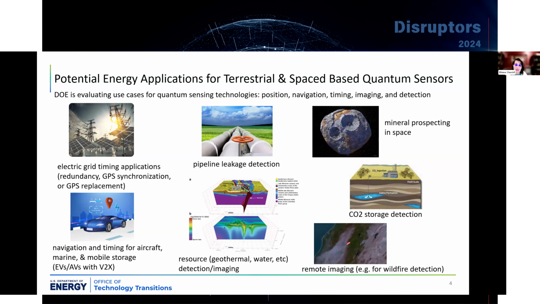So very much in line with a lot of the conversation today, and some of these quantum technologies are being developed within industry, and a lot of collaboration has been taking place with the DOE and the national labs and with many of our agency sisters and brothers as well. And remote imaging from space gives us other capabilities.